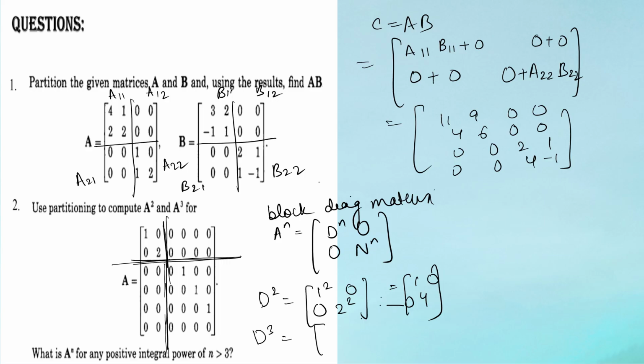You'll get it as 1008, and D raised to power n will be 1002 raised to power n. Similarly, for N also, we can do the same thing. N raised to power n, N cube, N square.